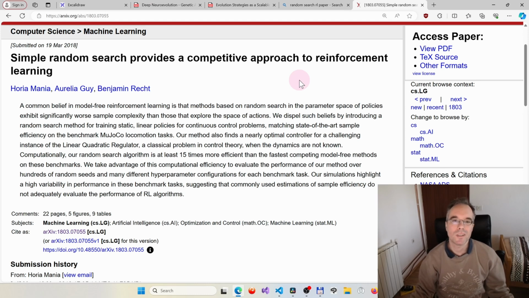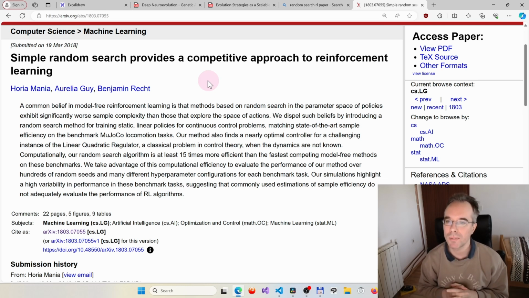Here is the paper. It's by Benjamin Recht. I really can't believe that this paper is from March 2018. God, the time flies. Let me quote from the abstract. A common belief in model-free reinforcement learning is that methods based on random search in the parameter space of policies exhibit significantly worse sample complexity than those that explore the space of actions.